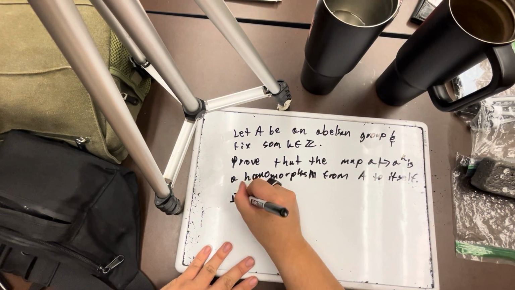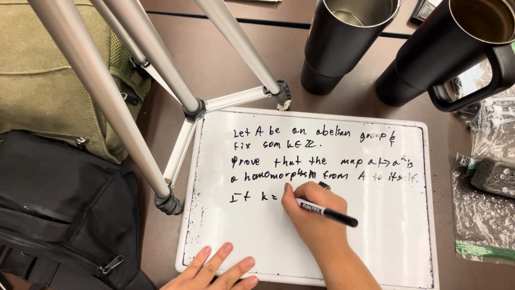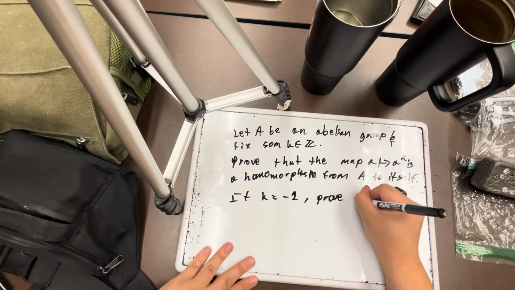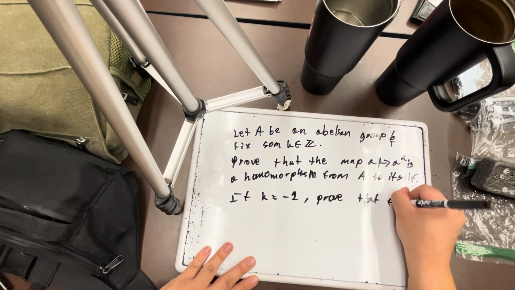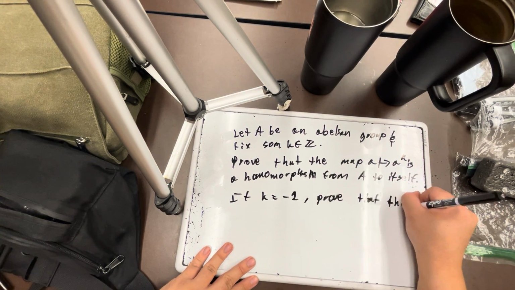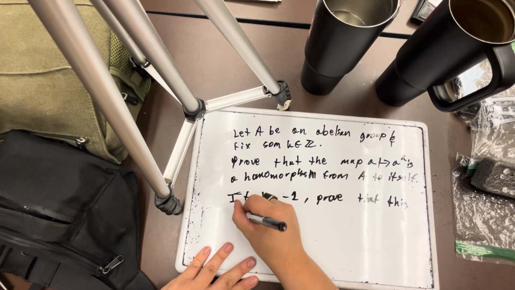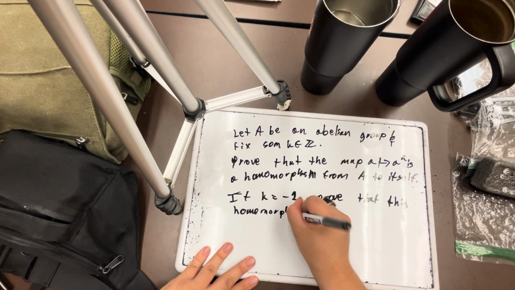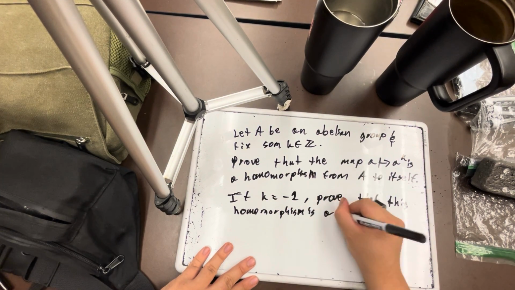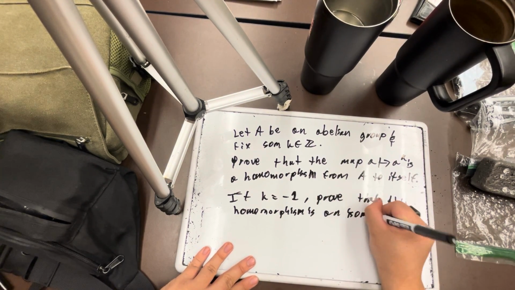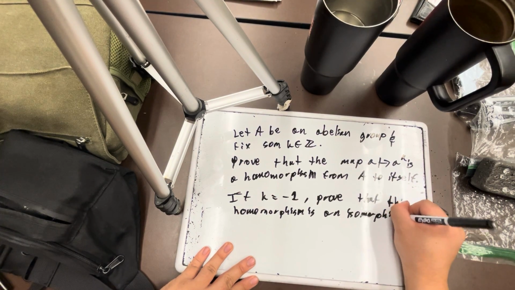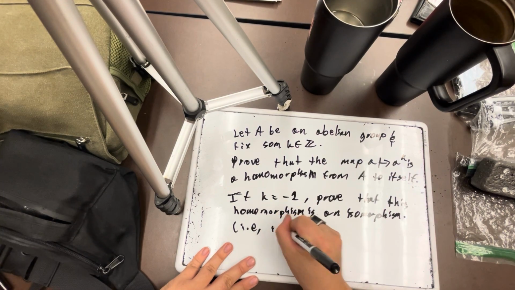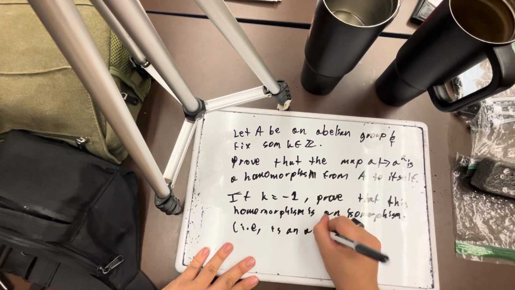And if k is equal to -1, prove that this homomorphism is an isomorphism. That is to say, it is an automorphism of A.